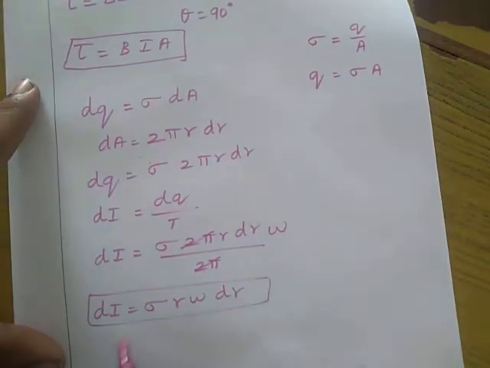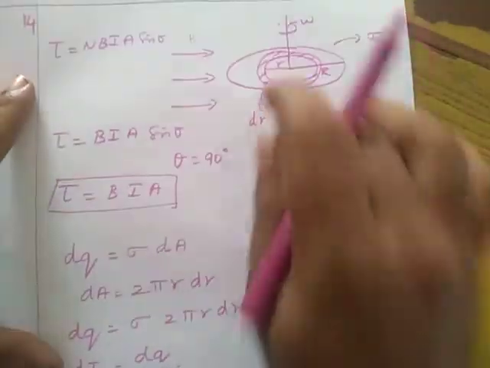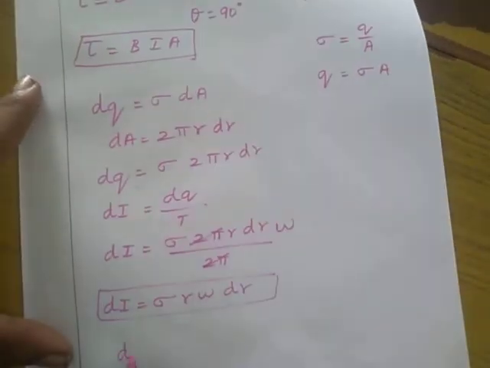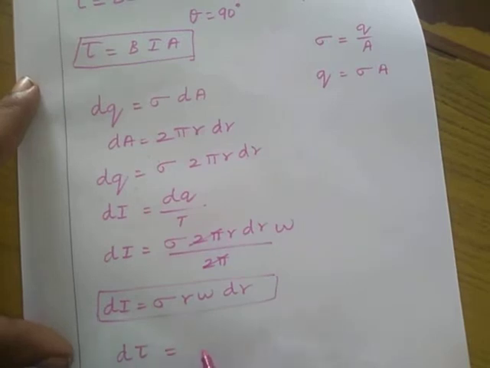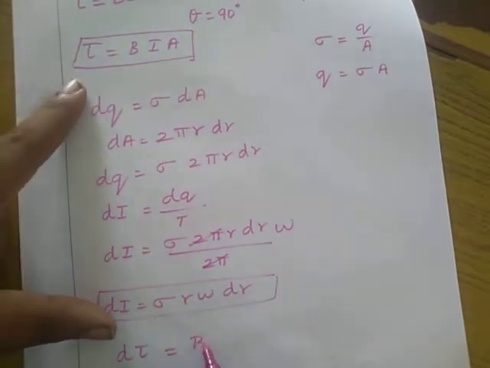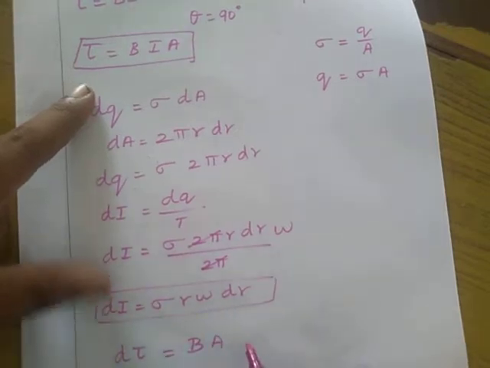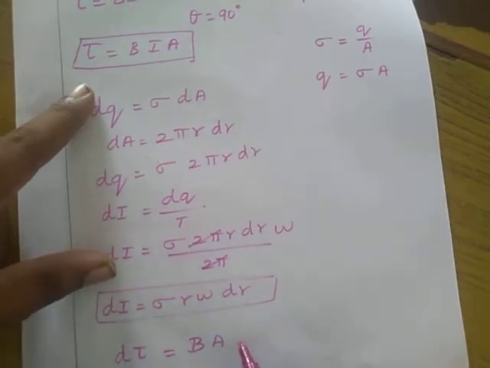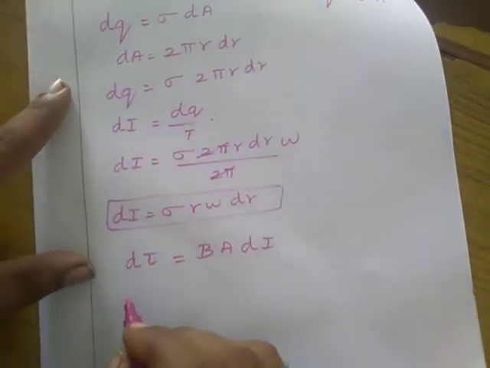Then the torque experienced by the small segment, d tau. We know the expression d tau equals B times area times I. The magnetic field is constant, the area is also constant, and the current is changing, so we write it as di. Substitute the values.